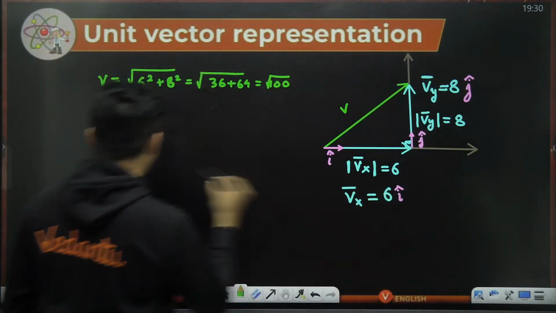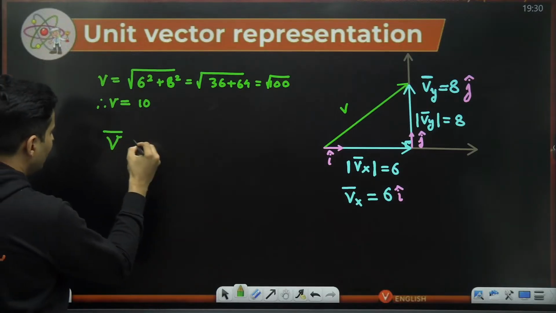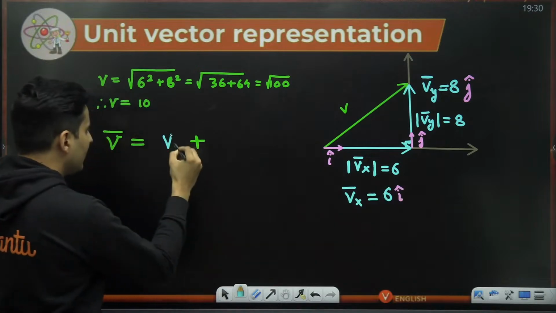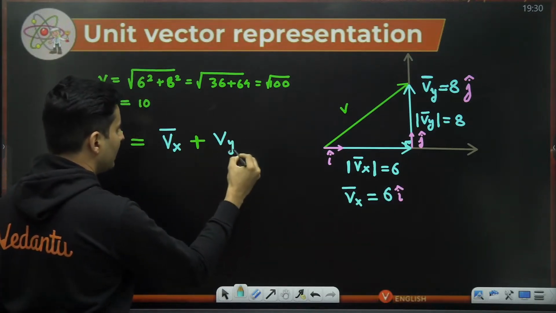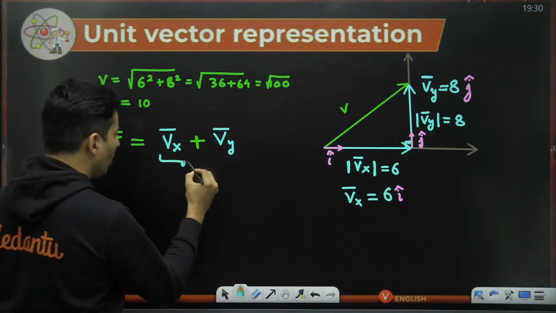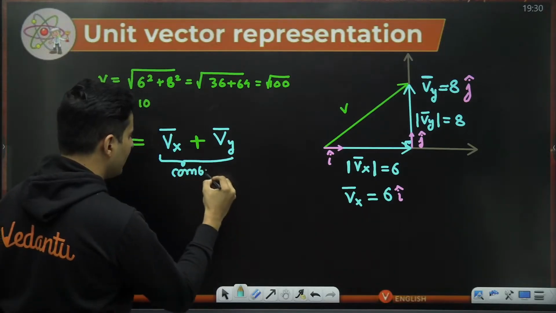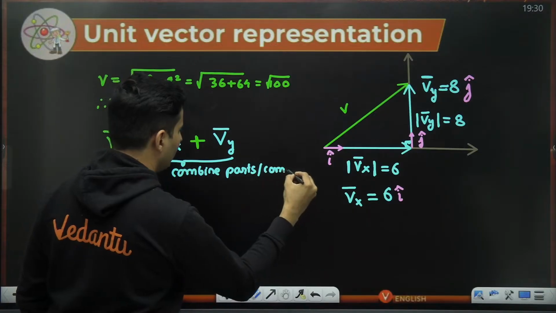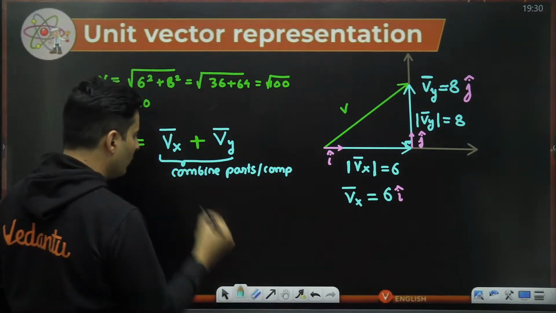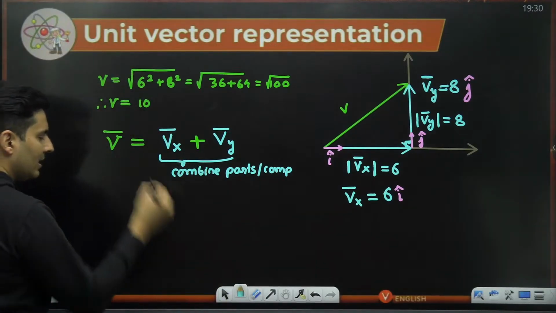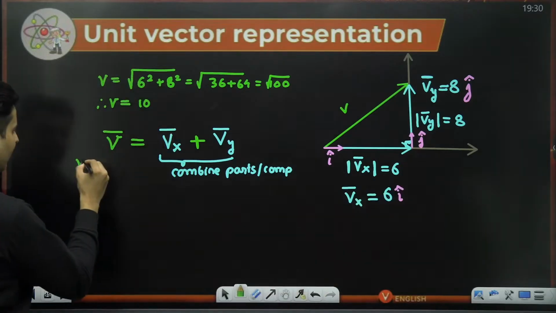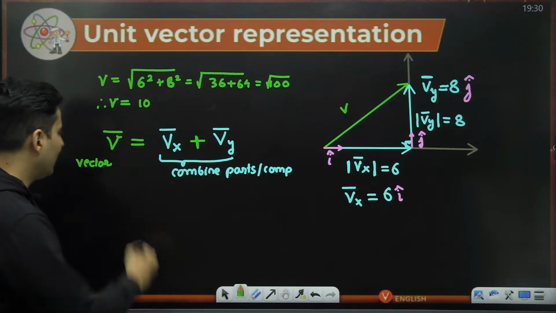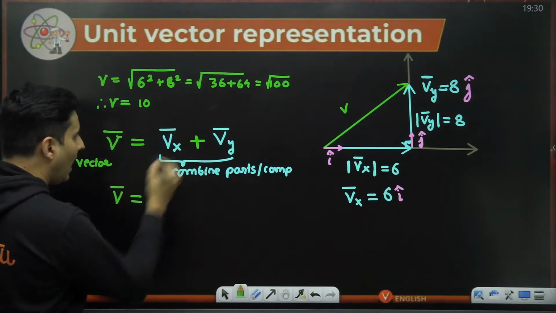Also, I have taken the vector V and split it up into 2 parts. One part is Vx bar, the other part is Vy bar. If you combine both these parts or components, you get our original vector V. But wait a minute, what is Vx bar?